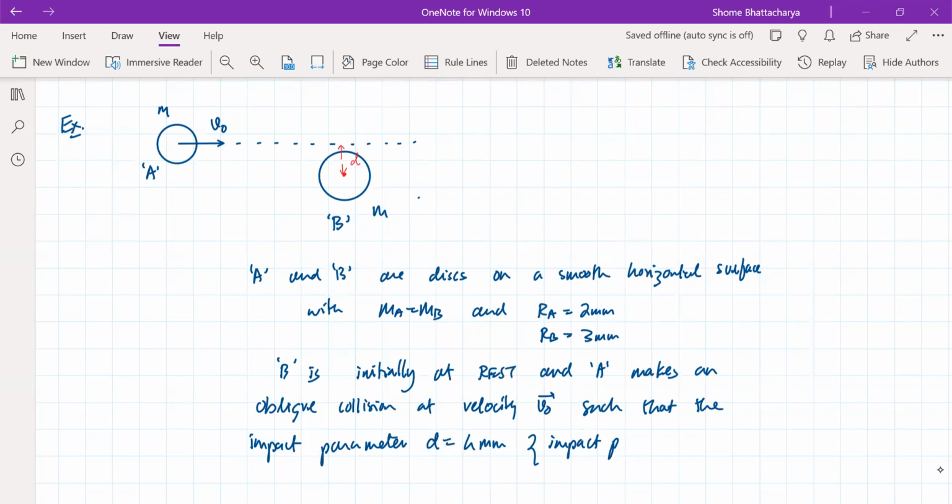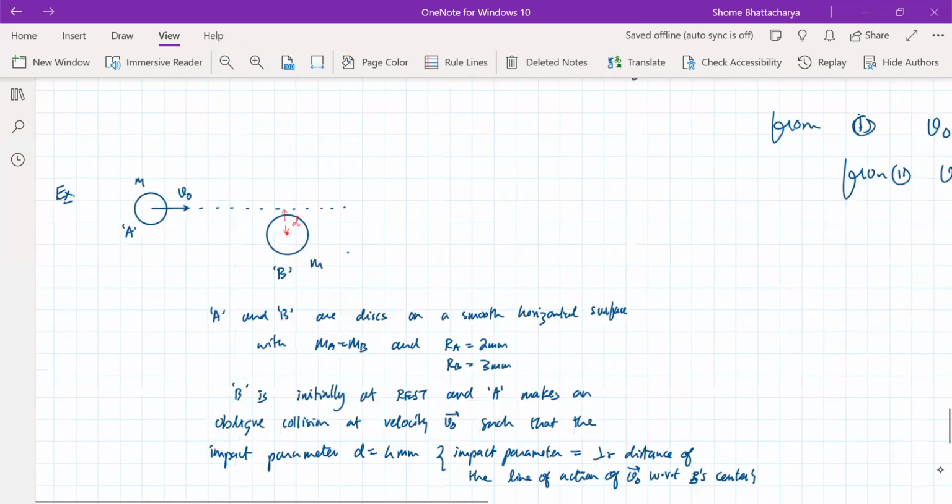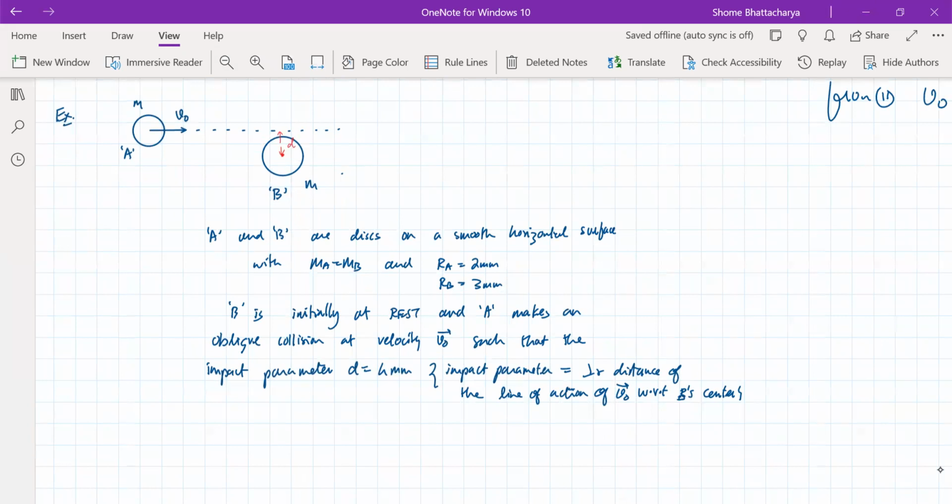By definition, the impact parameter is equal to the perpendicular distance of the line of action of this particle's velocity V0 with respect to B's center. So that is how we define that impact parameter. Okay, so that is given to us as 4 millimeters.